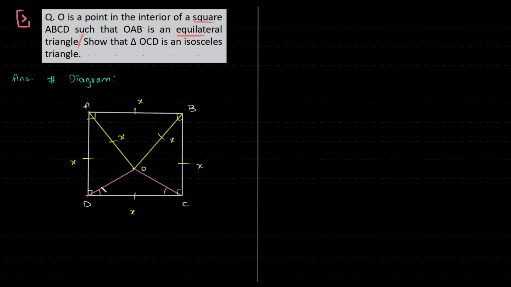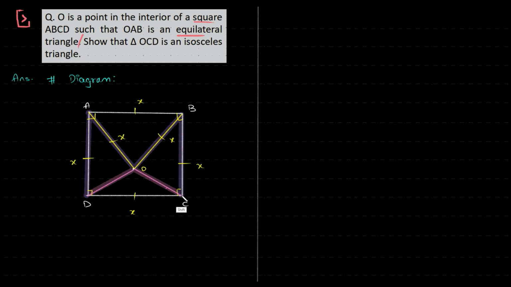I think we can go with the sides, guys. Forget about the angles. I'm thinking of proving this length is equal to this length. How? With the help of triangles ADO and OBC.